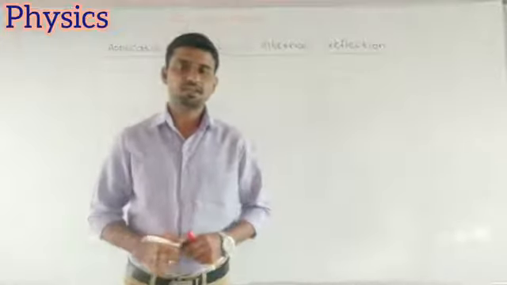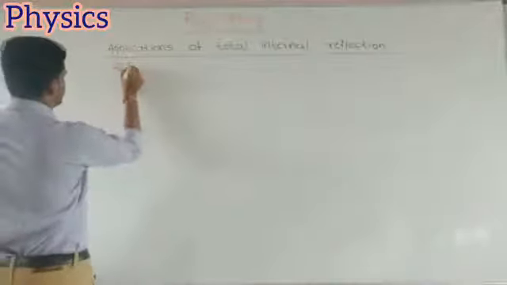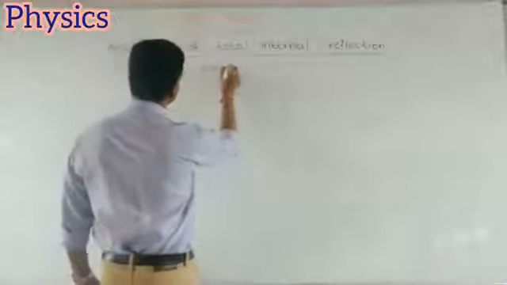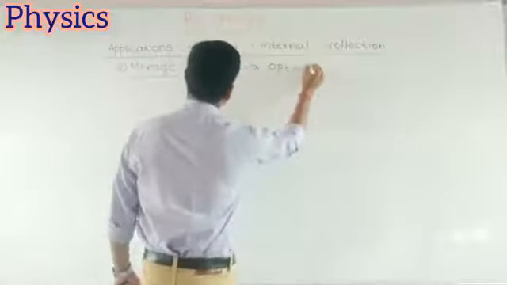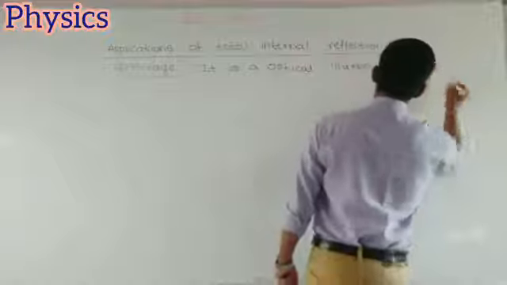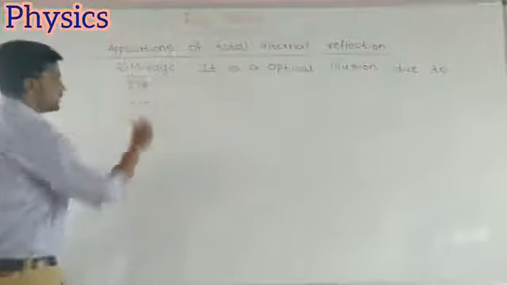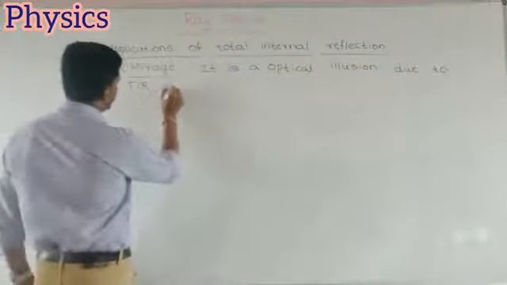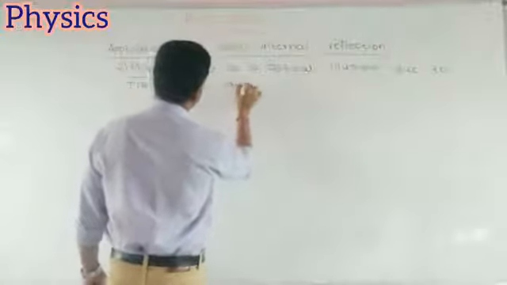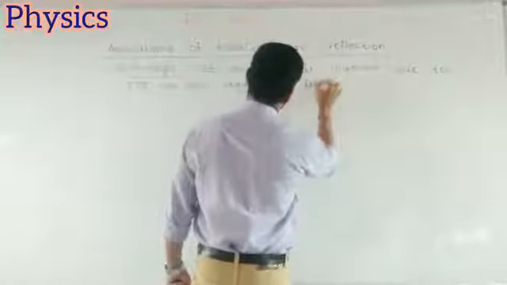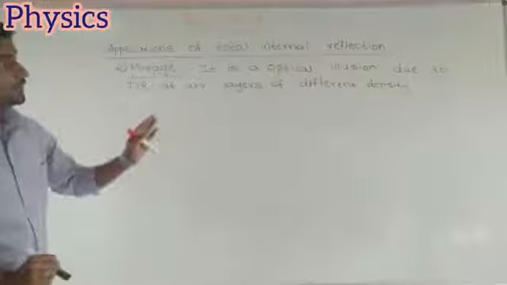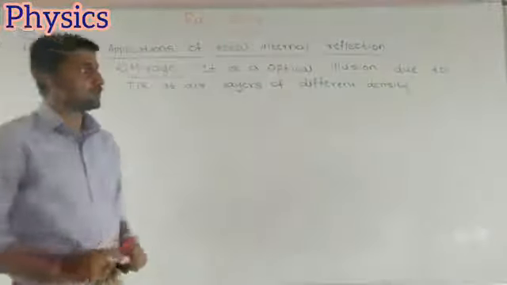The second application of total internal reflection is mirage. Mirage is an optical illusion due to total internal reflection at air layers of different density.